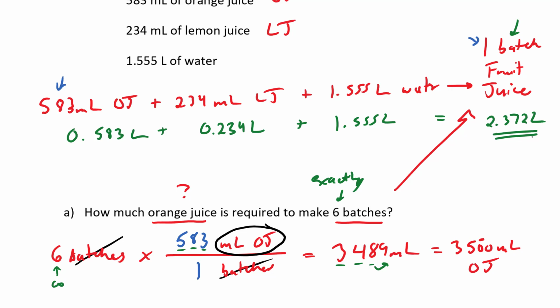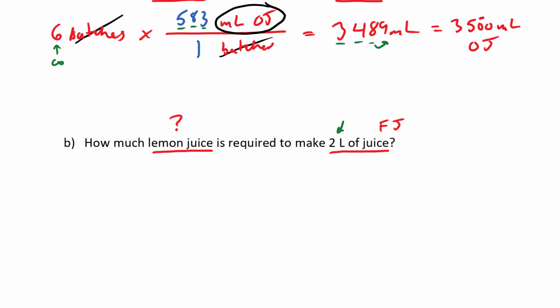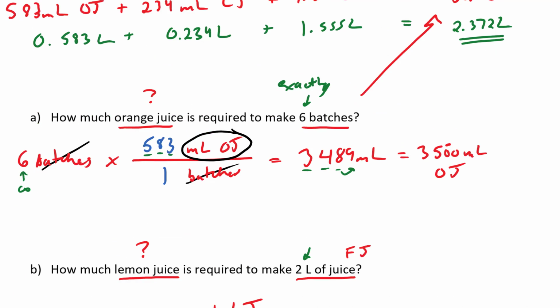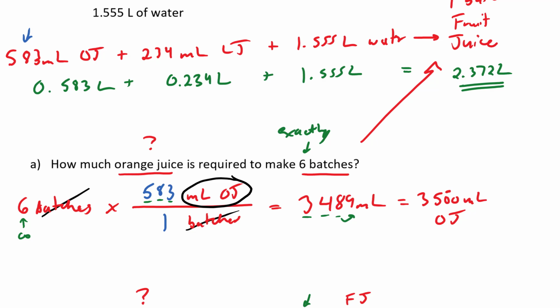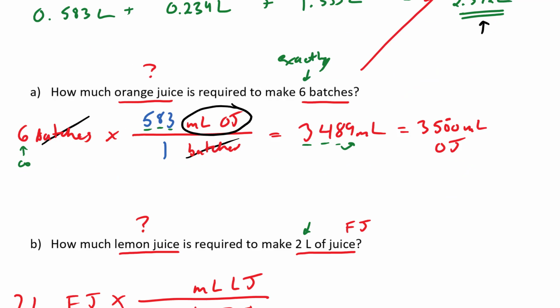So 2.372. We take 2 liters of fruit juice. I'm going to convert from liters of fruit juice to milliliters of lemon juice. For my recipe now, we have the volume of fruit juice, and here we have the number of milliliters of lemon juice.